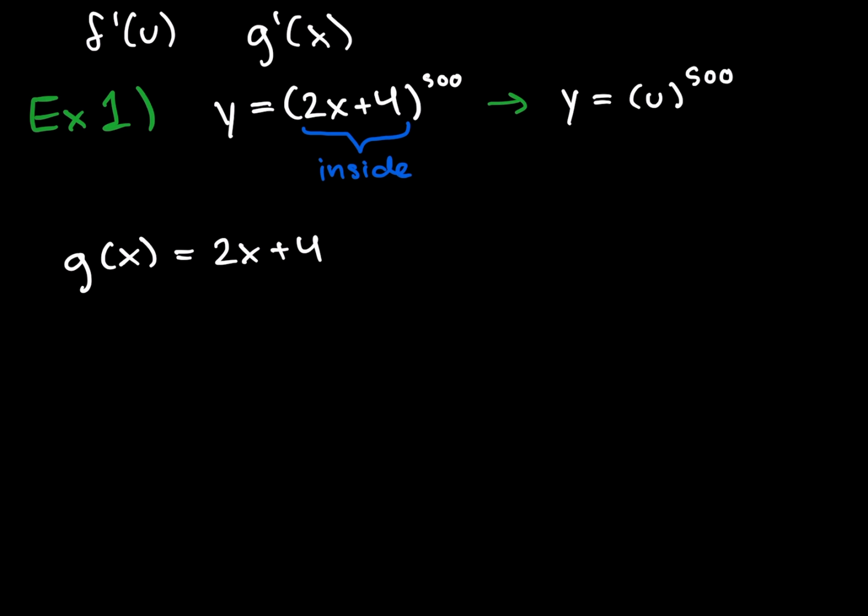And what we're left with is our outside function. So f of u is equal to u to the 500th power.